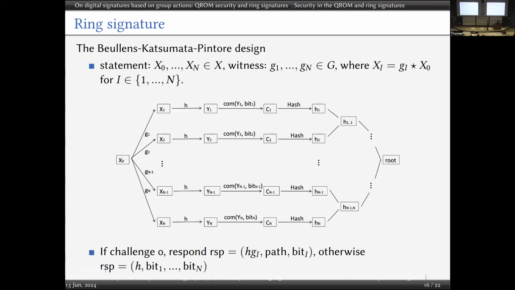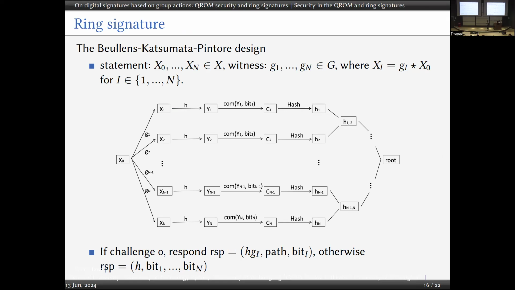Okay, so the next part is ring signature. We basically follow Beullens, Katsumata, and Pintore's design. This is a very beautiful algorithm, so I will just briefly describe the verification phase here.